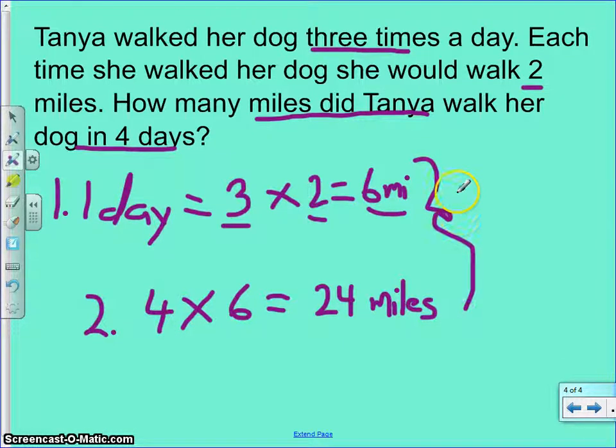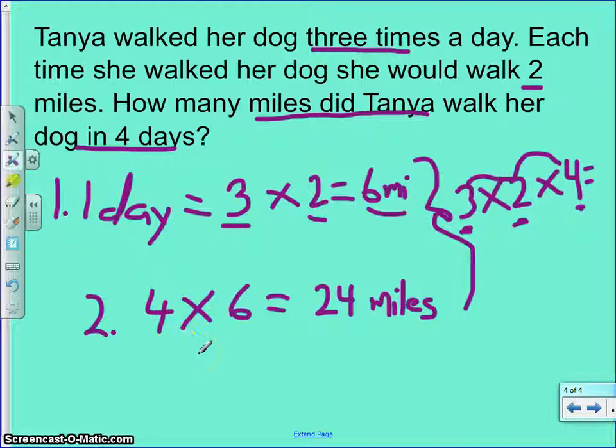It would have been 3 times 2 times 4. Every time she walks her dog she goes 2 miles, 3 times a day, for 4 days. 3 times 2 times 4 would give you the same answer.